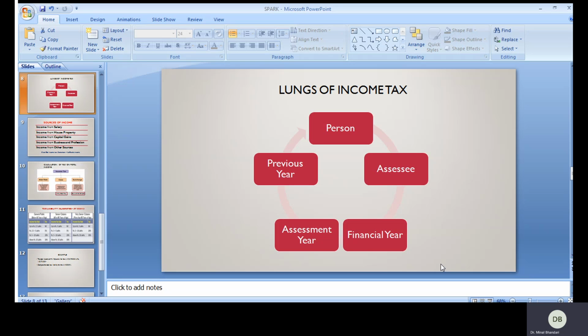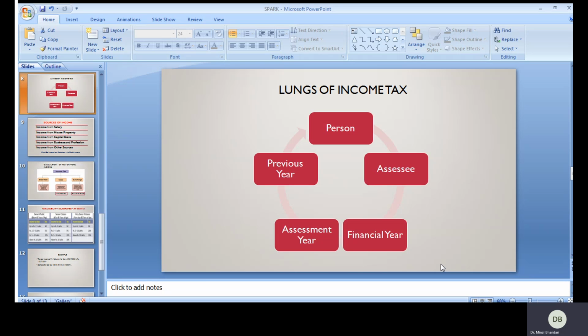So assessee means a person by whom any tax or any other sum of money is payable under income tax. In short, we can say that assessee means the person who is liable to pay tax.